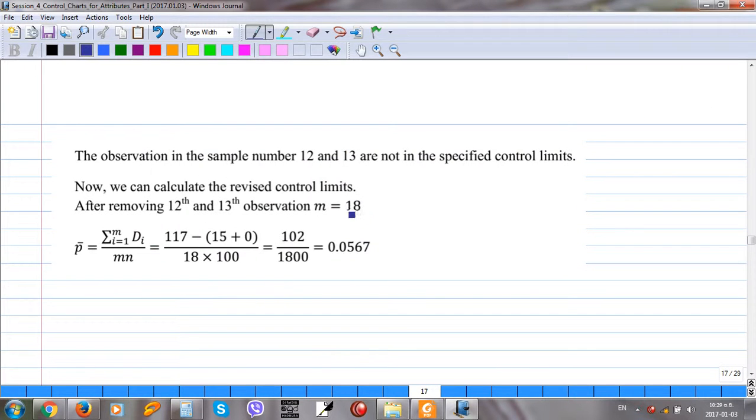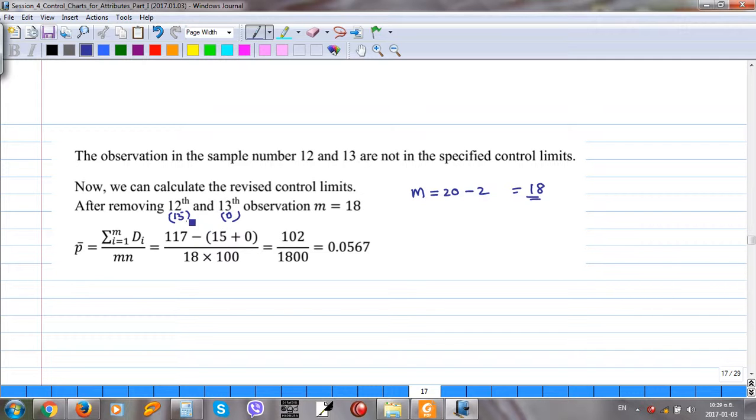Now m equals 18. Why? Because we removed 2. Earlier we had m as 20, but we removed 2 entries. Then m equals now 18. And here, earlier we found sigma di, then this one is 15, the value of the 12th one, and the value of the 13th one is 0.